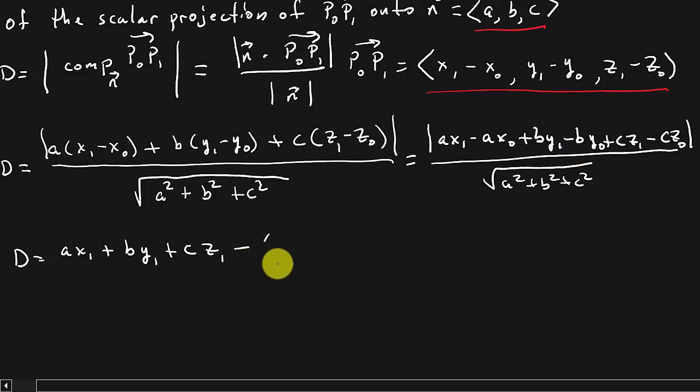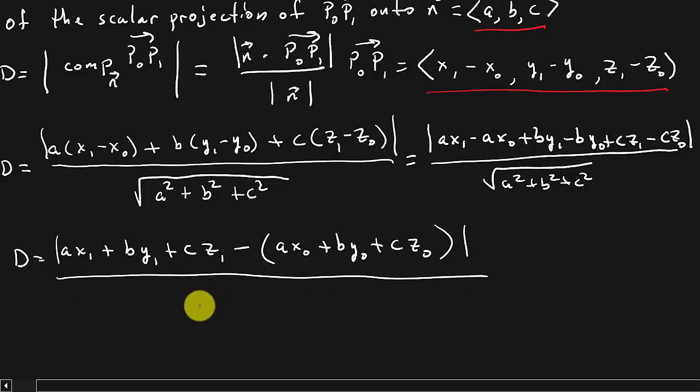And then minus Ax0 plus By0 plus Cz0. Yes, it's minus on all of them, but I factored that minus out. And that's over the square root of A squared plus B squared plus C squared.